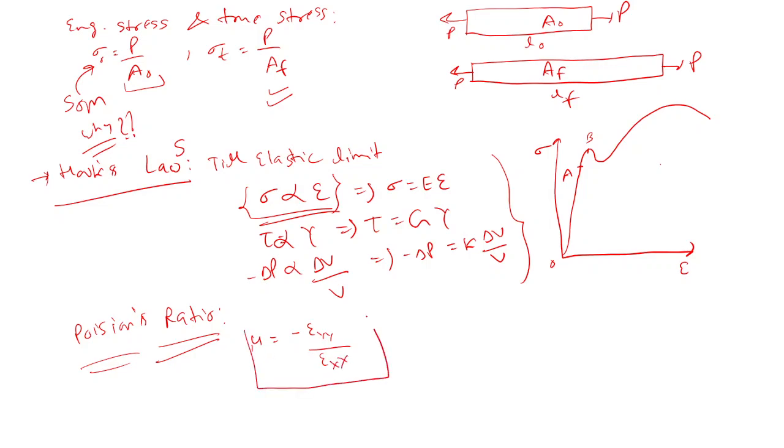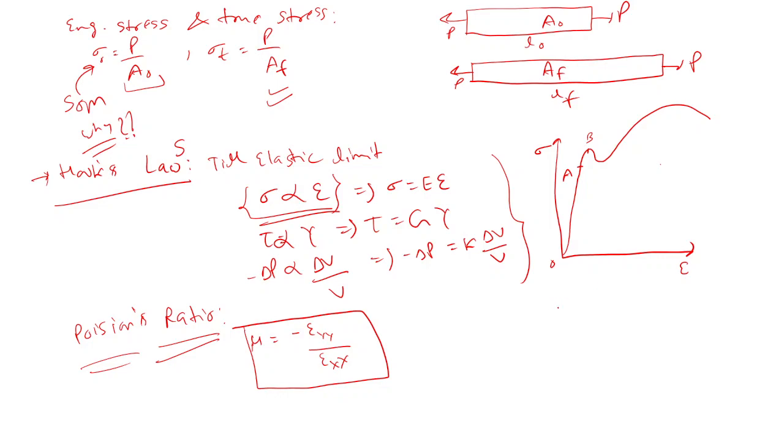Why did this minus come here? Because sir, if you apply load in the longitudinal direction, there will be a reduction in the lateral direction. So final minus initial will come negative, so to make the value of mu positive. Because if we increase any length, its diameter or width is going to decrease, so in the other direction it is going to be negative.